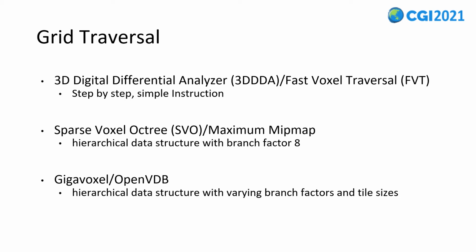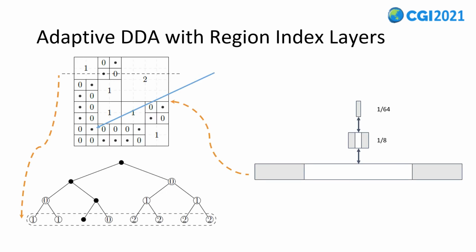There are also other variants such as gigavoxels, which have varying and wider branch factors for different levels to decrease the tree depth. However, the memory consumption of pointers and the stack-based traversal make them less efficient for dense and complex scenes. Therefore, we apply a multi-level data structure called the region index layer to skip empty regions as efficiently as octrees, but with simpler traversal steps as in 3D DDA.